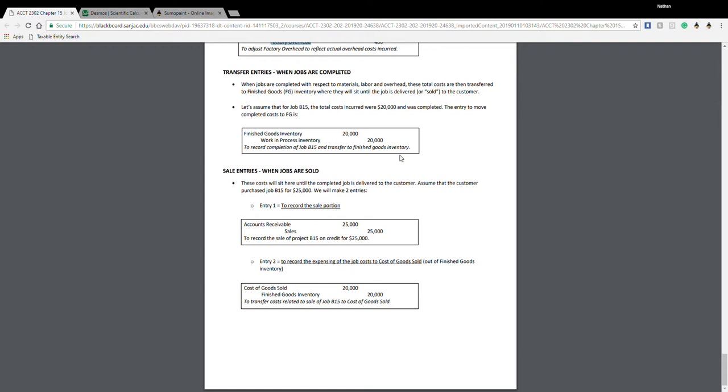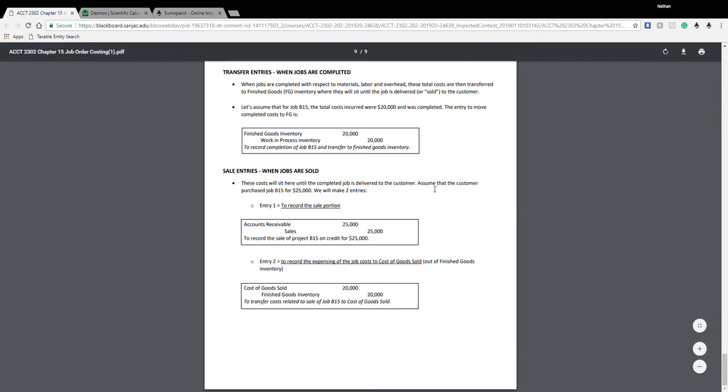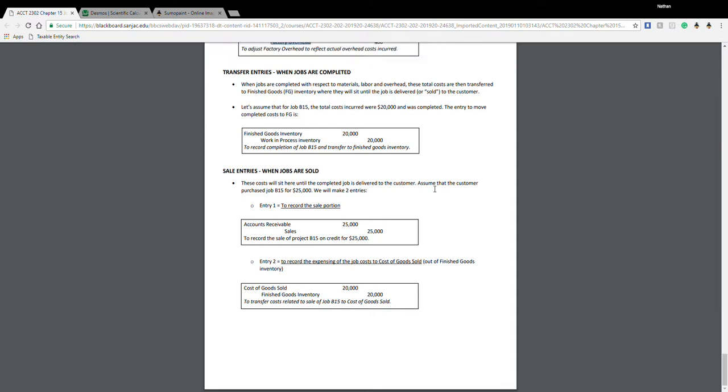Now, job gets sold. So with that, we're going to take the job and we sold it to the customer for $25,000. Now realize this, most companies are in it for a profit, so hopefully our sale is going to beat out our cost. Doesn't always happen. Sometimes we do have to sell it below cost because it's just been sitting there, and so it will still follow basically the same process that we're doing right now.